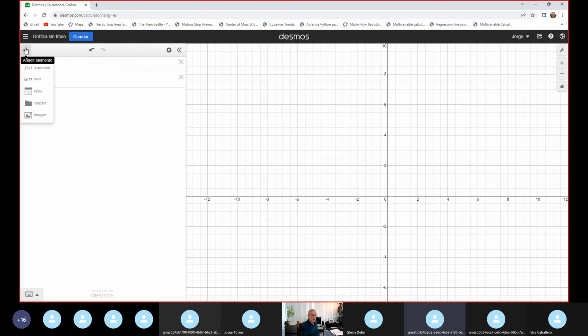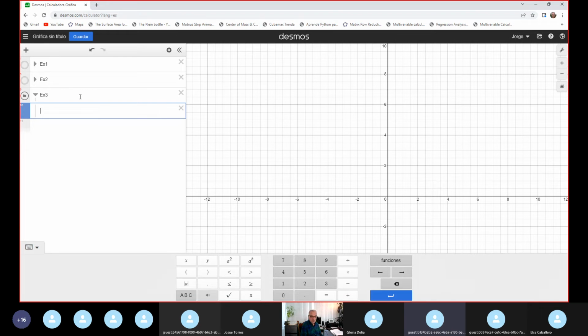Okay, so now I create a new folder. The name of this new folder is example 3. I type on my own keyboard. You can, if you want, click, hold the left mouse button, and drag, and you put in order 1, 2, 3, 4, 5, 6, 7. Then you press enter, down, and you copy everything you need.